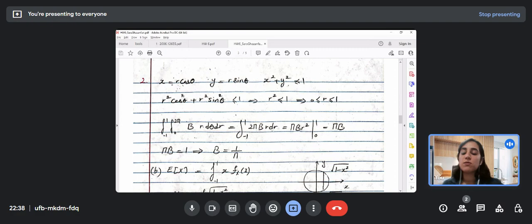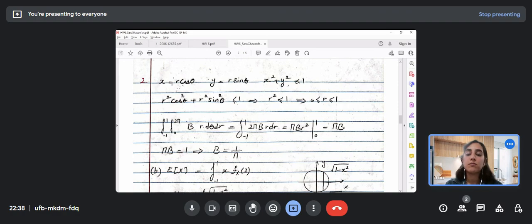To solve this, as always, we take the integral with respect to x and y, and this integral should be equal to 1. But at first, I want to do some reparameterization so that I can use r cos theta instead of x, and r sin theta for y.